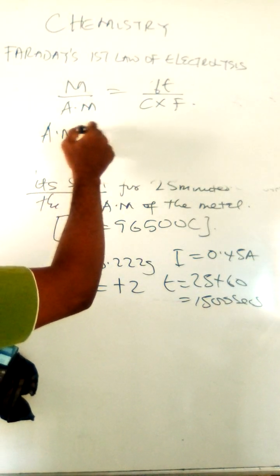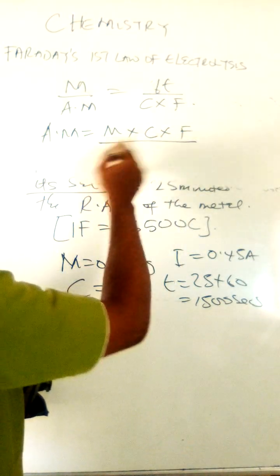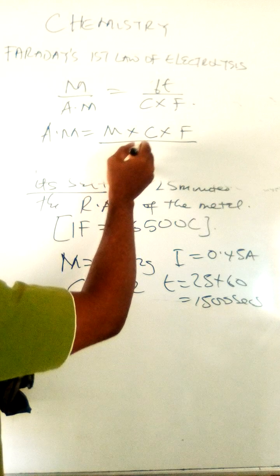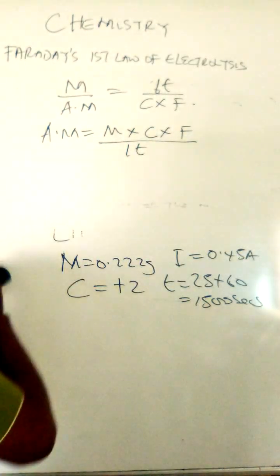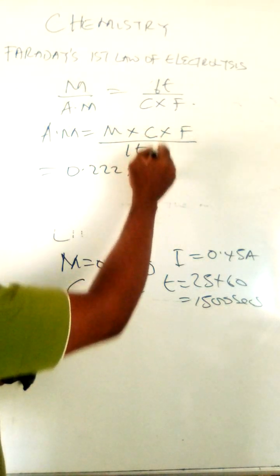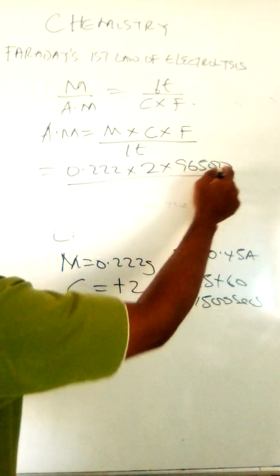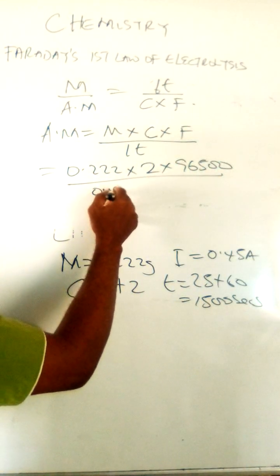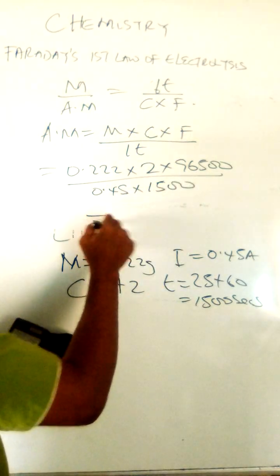AM becomes mass times C times F all over I times T, or all over Q, as the case may be. So solving this, we have our mass is 0.222, the charge is 2, Faraday constant is that, then current is 0.45, and time is 1,500 seconds.